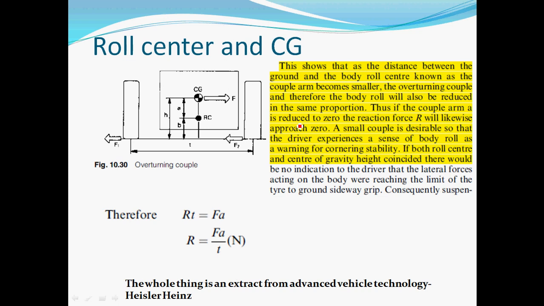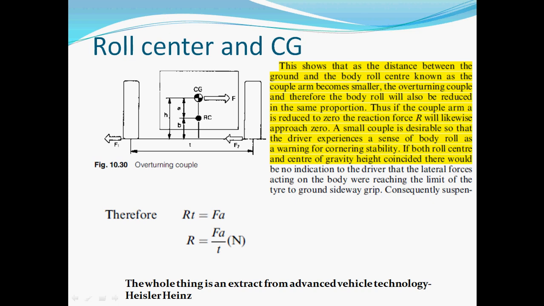Now for Roll Center, this is an extract from Heisler. This is a very good book and I recommend all of you to read that. The gist of this extract is that if the Roll Center is very close to the CG, then the overturning couple will be very less and it will not give the right feedback to the driver.